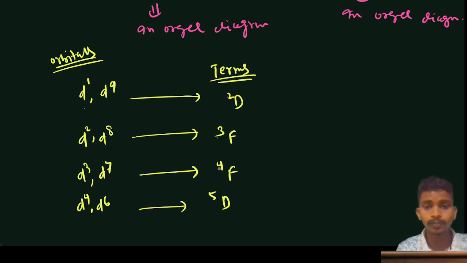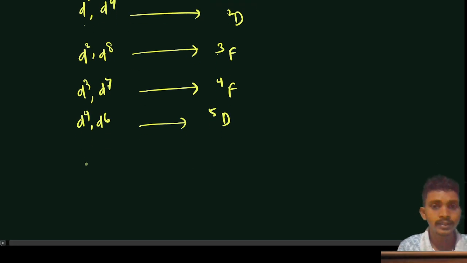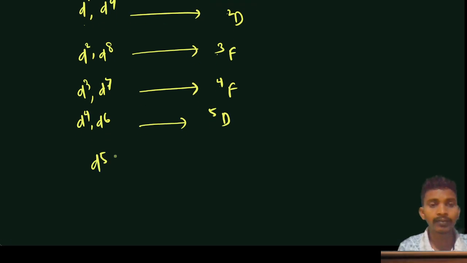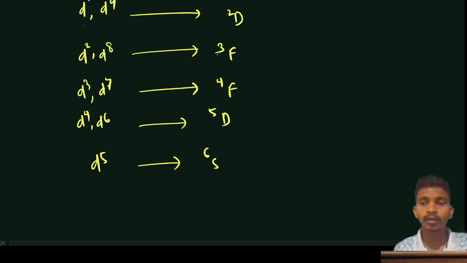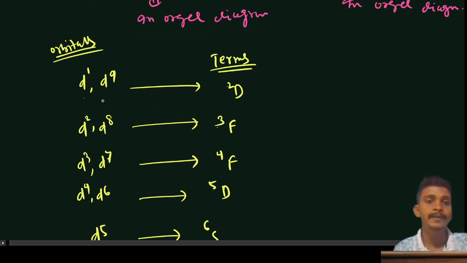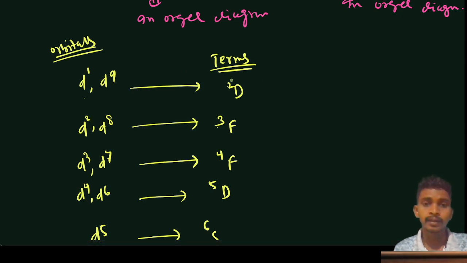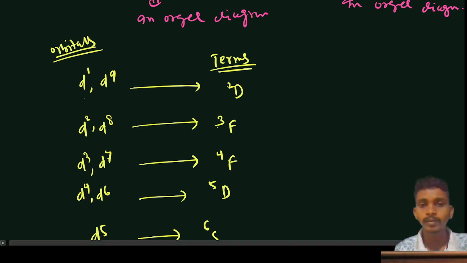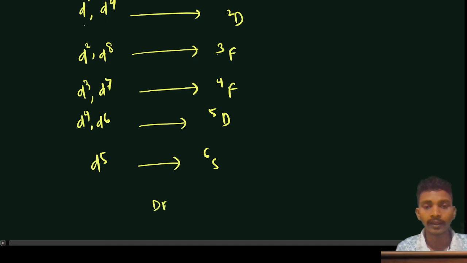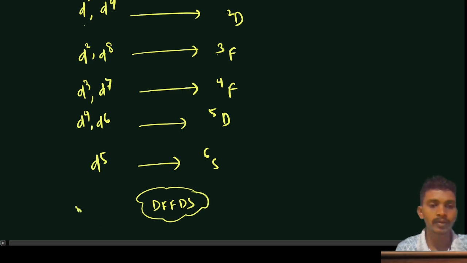So 2, 3, 4, 5. And if it is d5, then that will be S, and that is 6. Okay, so these are already discovered: if d1 and d9 is there, then the term is D, and this one we can count 2, 3, 4, 5, 6. So we can remember D F F D S, we have to memorize this.